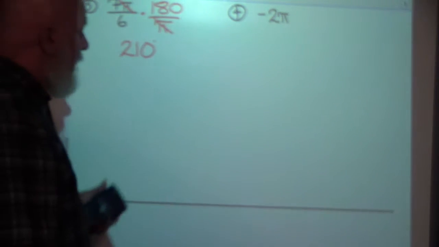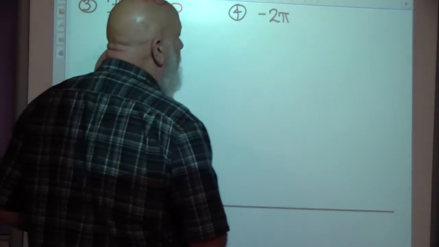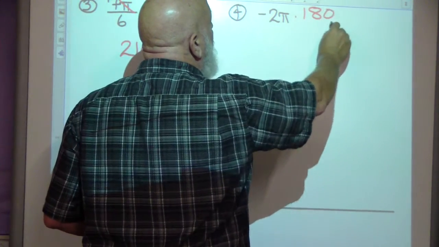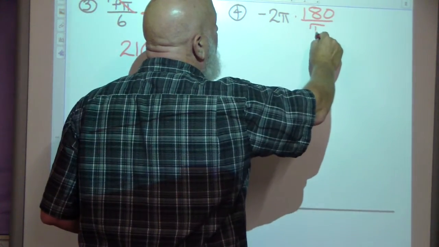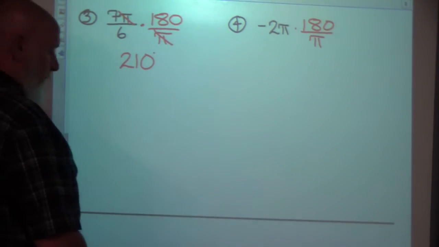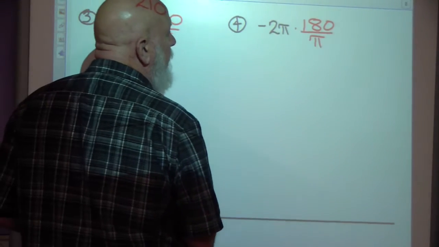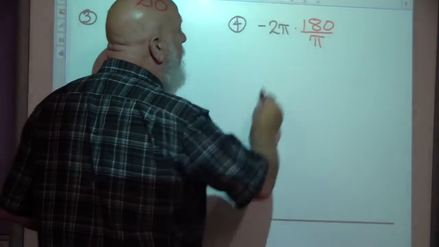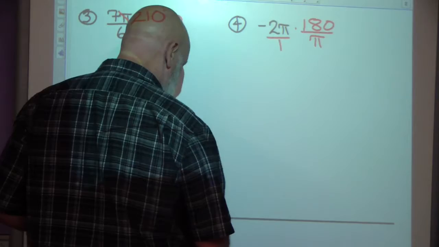And our last one is negative 2 pi. I want to change that to degrees, so I'm going to multiply by 180 over pi. I see that the pi's will cancel. You can think of this as being over 1, if you want to.